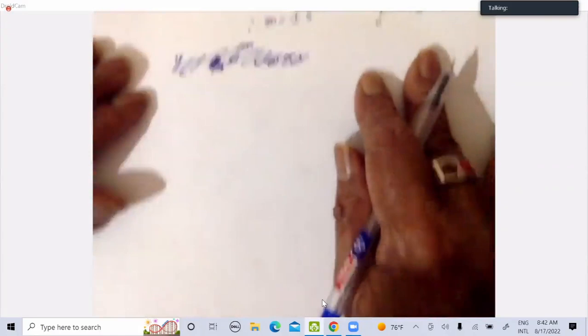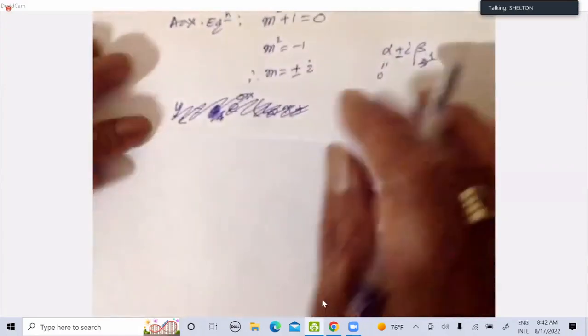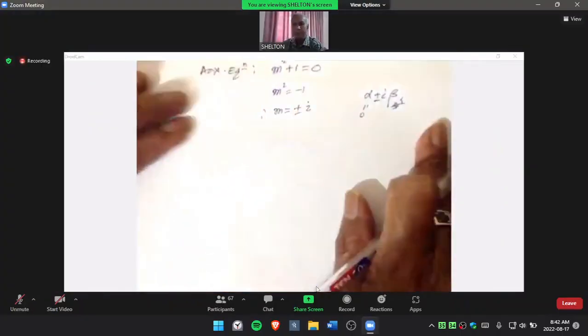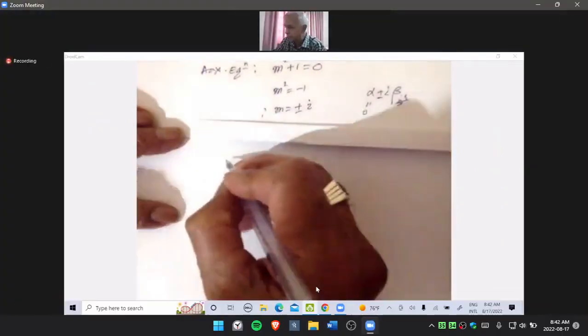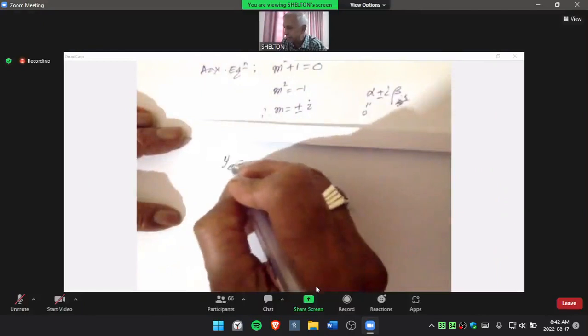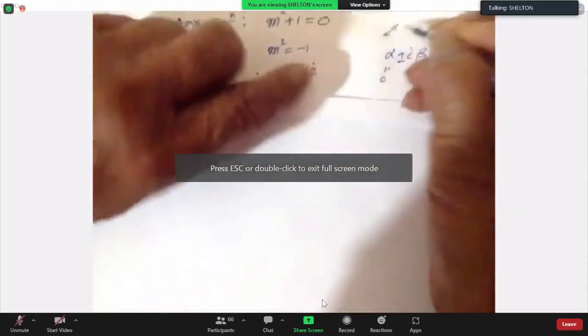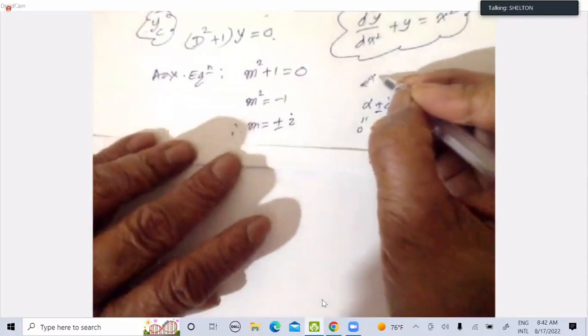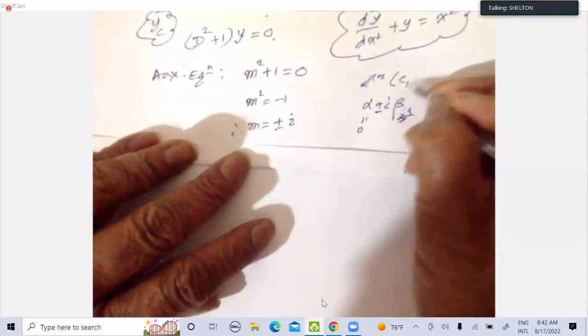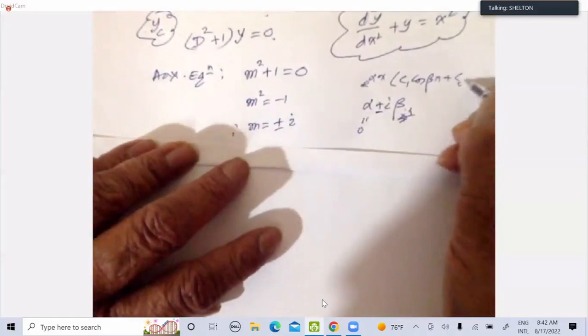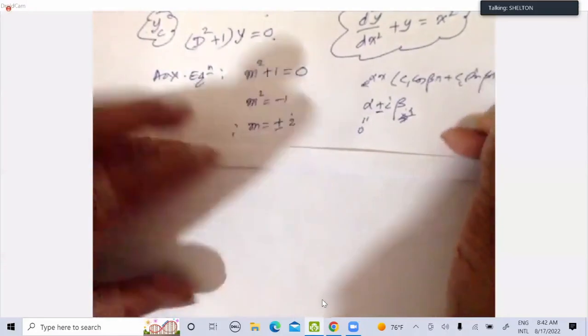Let us write it. m is equal to plus or minus i. So what is Y_C? Y_C is equal to e to the alpha x. Solution, let me write here since I made a mistake there. e to the alpha x, C1 cos beta x plus C2 sin beta x.